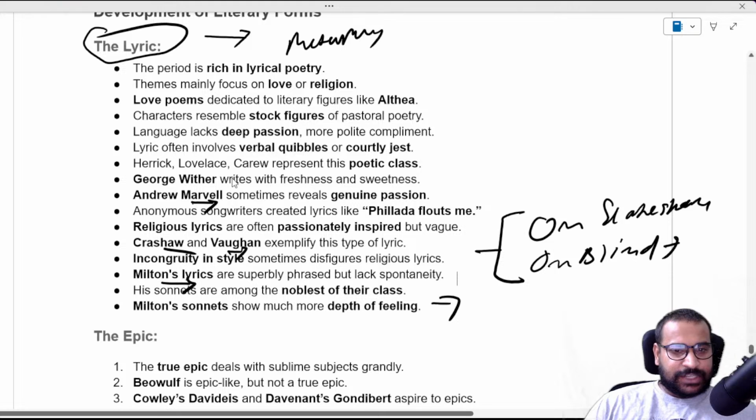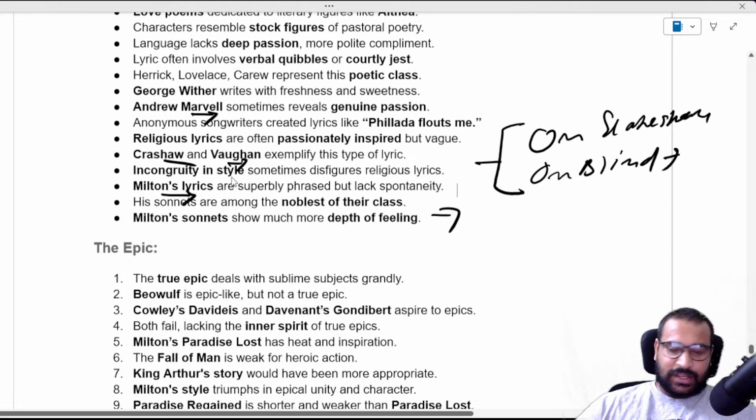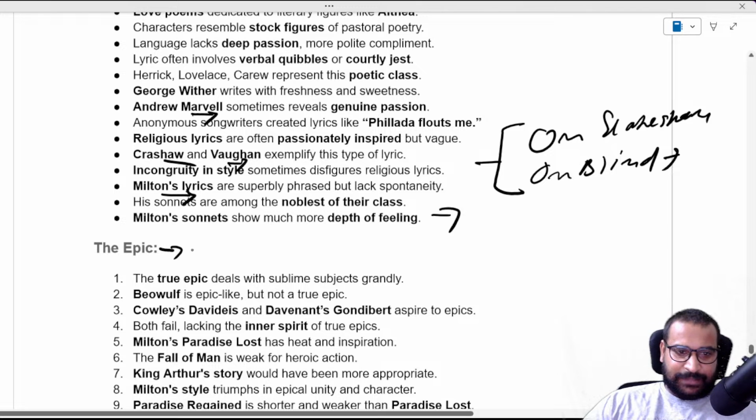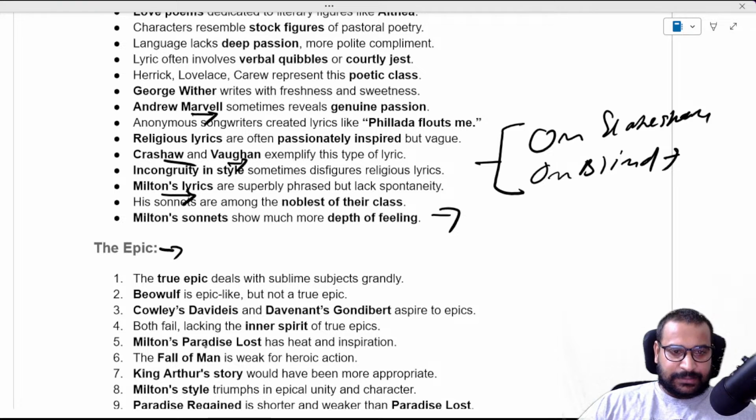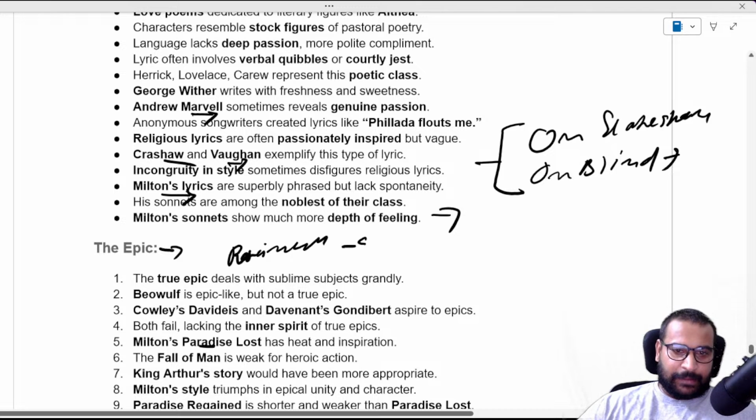Anyway, let me tell you more about the epic. Epic found its trend at that time, and we have a couple of epics, like Milton's Paradise Lost. Paradise Regained does not actually fall under the category of epic, but under the category of brief epic. Very important.